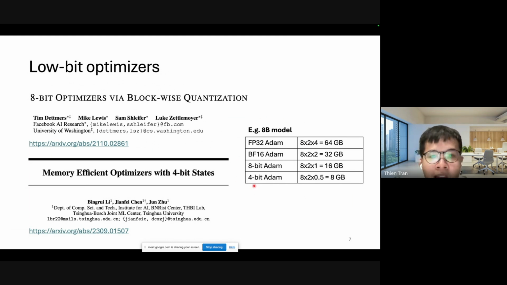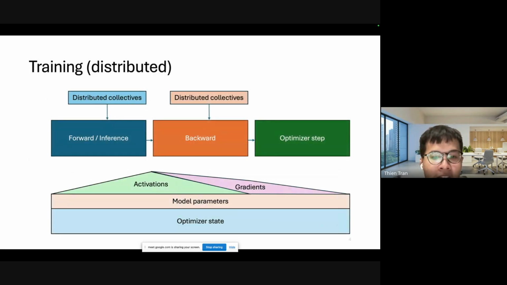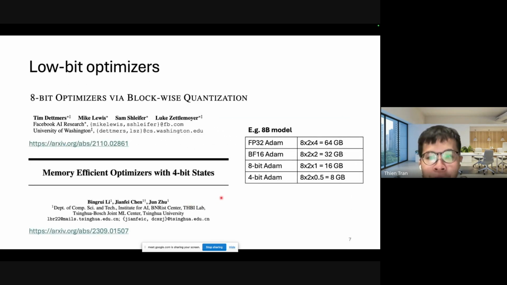So why do we want a low bit optimizer? If we go back to the previous page, you can see that the optimizer state usually occupies twice the amount of memory as the model parameters. That's huge, especially for LLMs nowadays, which are huge. So if we can just quantize the optimizer state, we don't even need to quantize the model weights, and we can already save a lot of memory.